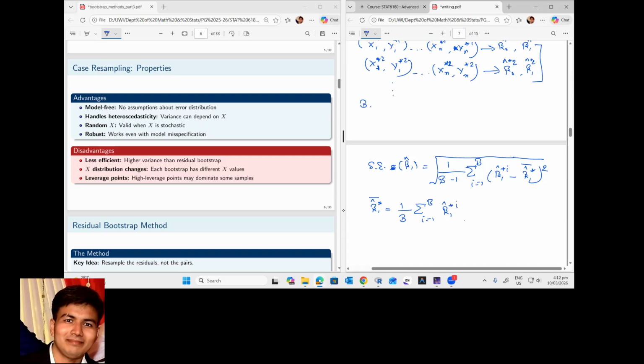So this standard error of beta 1 cap is the non-parametric estimate of the standard deviation of beta 1.